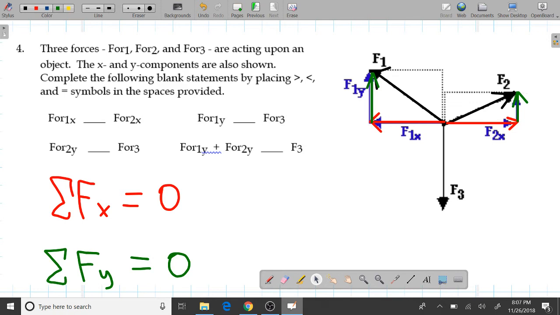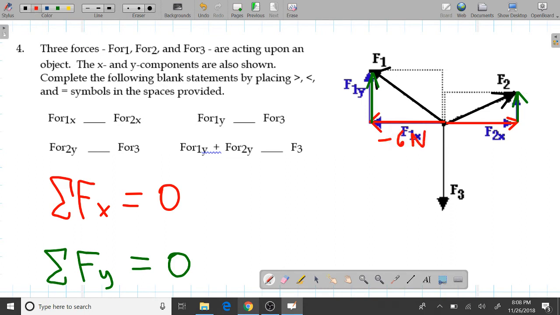If this system is in static equilibrium, let me ask you guys a question. How does the force 1 pulling in the x direction compare to force 2 pulling in the x direction? Well, remember what I said, anytime we're in static equilibrium, the sum of the forces in x must be equal to 0. So I'm just going to throw out a number. Let's say this force is -6 newtons pulling in that direction.